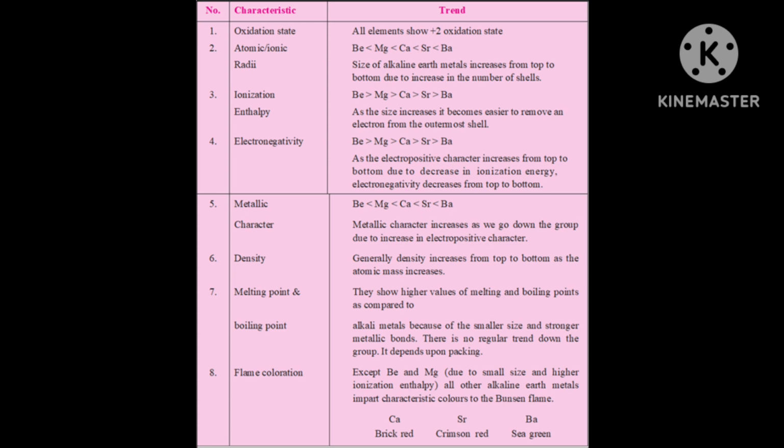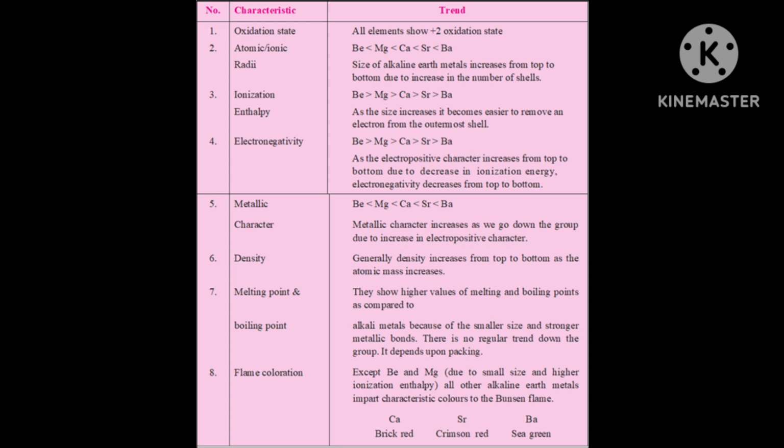Its melting point is highest in the group, that is 1560 Kelvin, okay, and magnesium has less, 924, calcium is further more, 1124, okay, melting point, because size is becoming big, hence it will require more energy, okay.